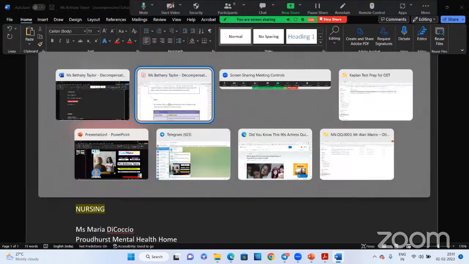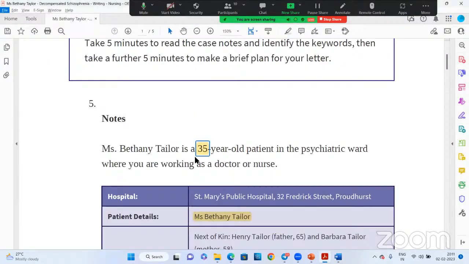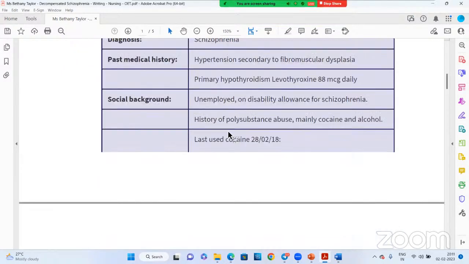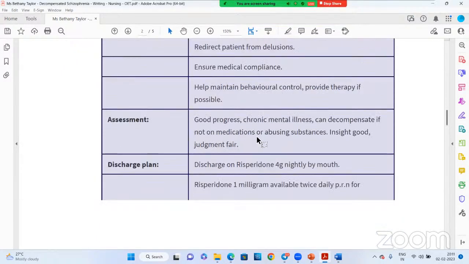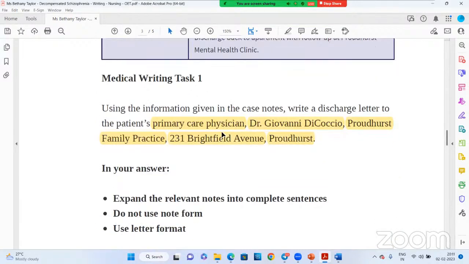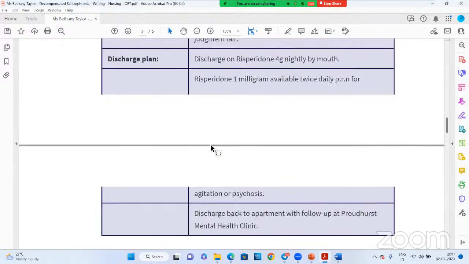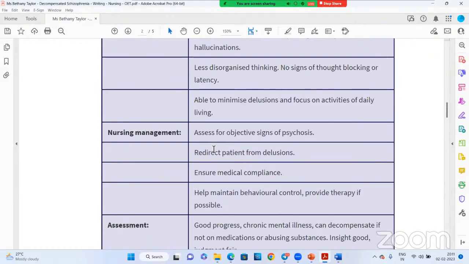Then next, you have the address, your address. What is your address? Let us see here. The case writing task: using the information given in the case notes, write a discharge letter to the patient's primary care physician, Dr. Giovanni Dicoxio. So you are writing as a doctor for the medical letter.